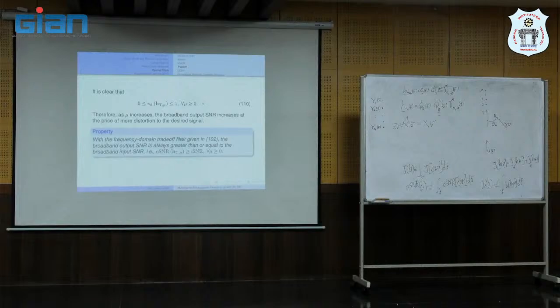Okay, and of course, the output SNR with the trade-off is at least as the input SNR. So you get broadband improvement of the signal-to-noise ratio using the trade-off for any mu larger or equal to 0.